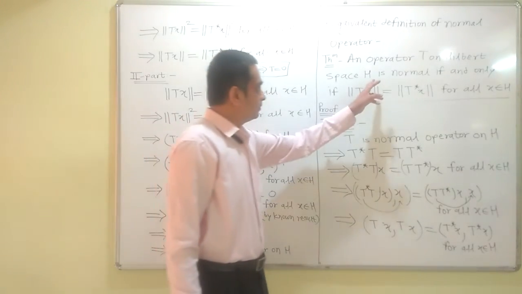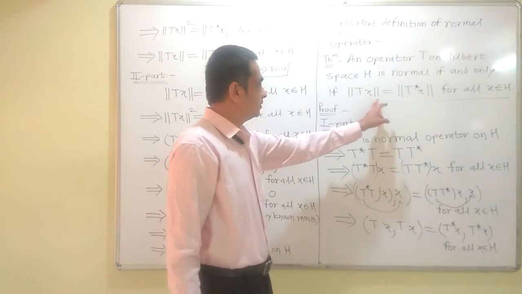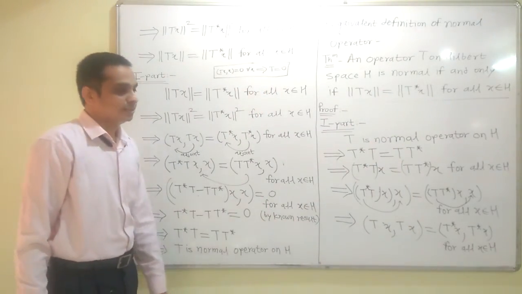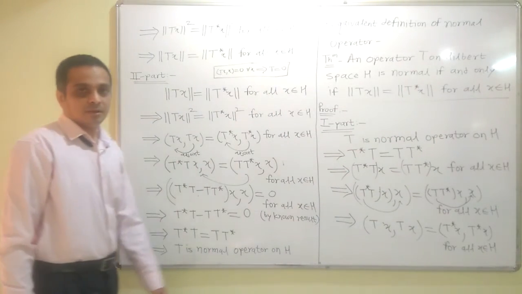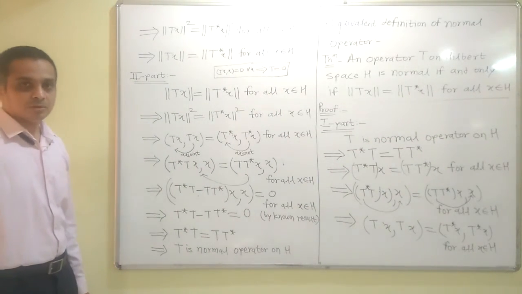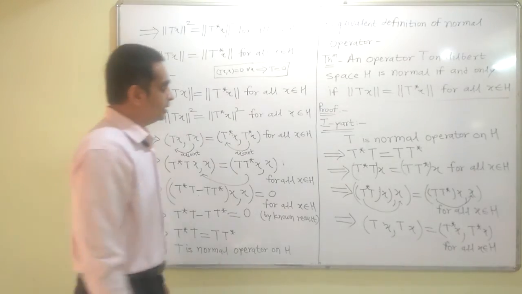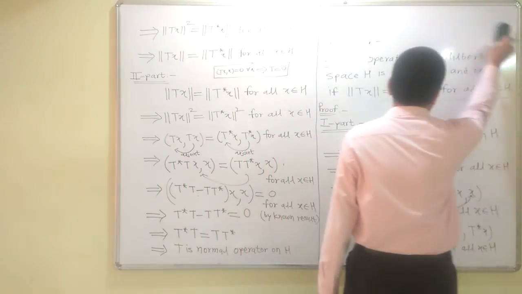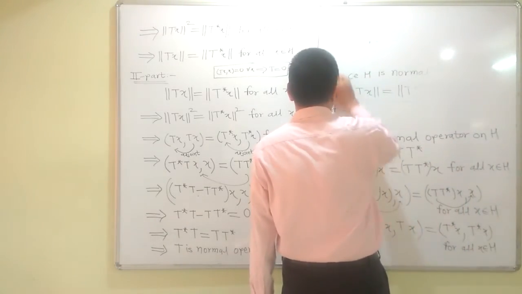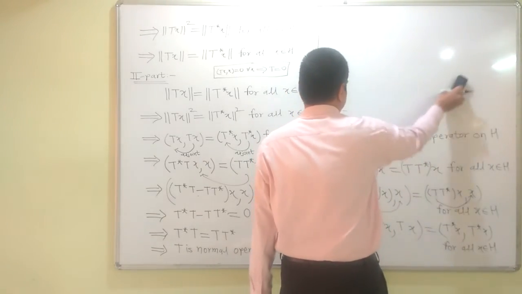Remember, T is normal if and only if T satisfies this condition: norm of Tx is equal to norm of T*x for all x belongs to H. Let us prove one of the results for normal operators.